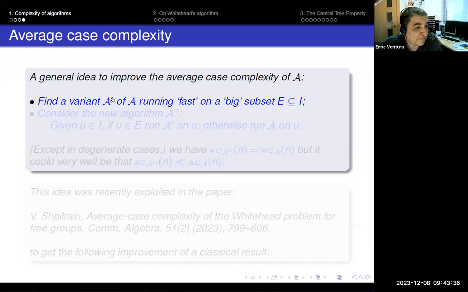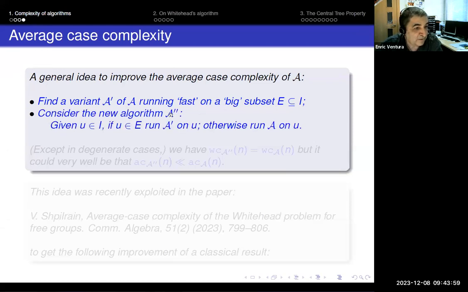If you find a variant of the algorithm running faster, then you are improving your algorithm. But if you find a variation running fast only on a certain subset of the inputs, this may be enough to improve the average case complexity as soon as the set of good inputs is big enough.